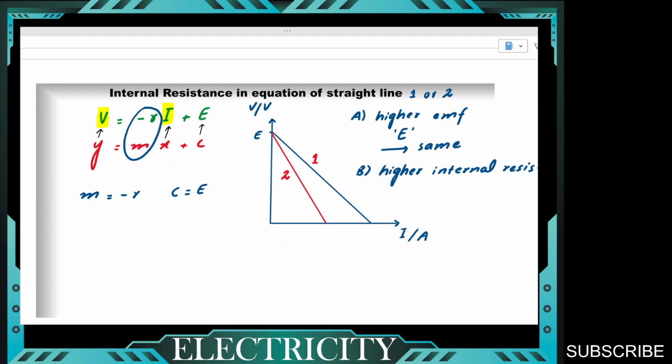Same question, Ramin. Which one of these two batteries have higher internal resistance?